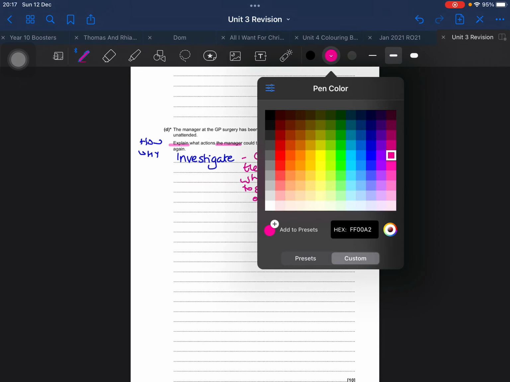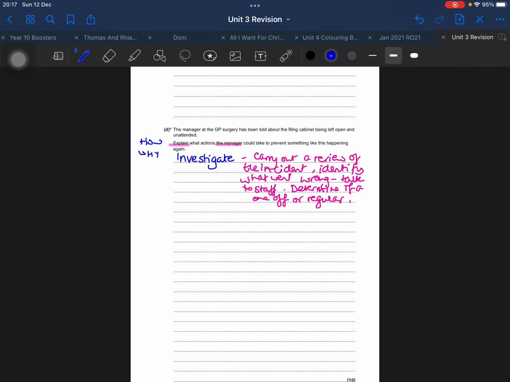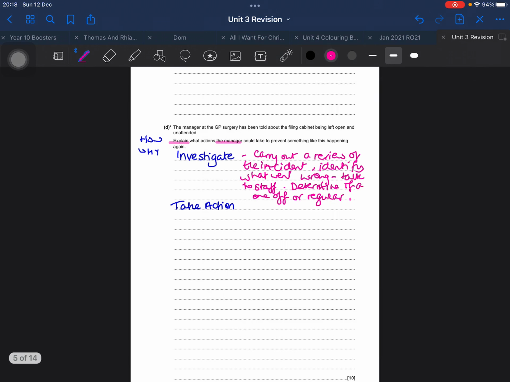Okay. What should they do next? So once they have investigated, they're going to take action. Okay. So in terms of taking action, how could they do that? So based on the findings of their review, they may go ahead and change procedures, change systems, and they may put in some monitoring, some training or supervision for staff.